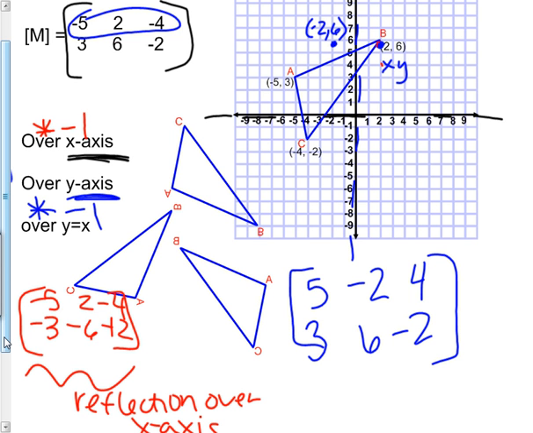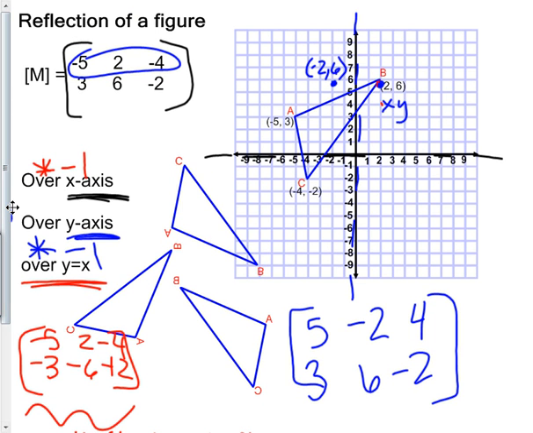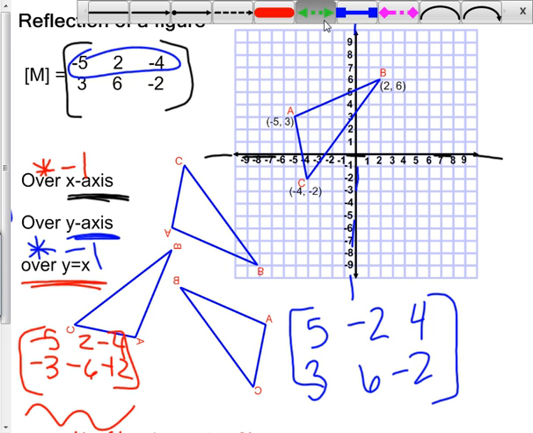And the last reflection we're going to talk about is a reflection over the line y equals x. Can anyone take a guess at what they think happens? Someone raise their hand and tell me what they think happens. So here, let me first draw my line.